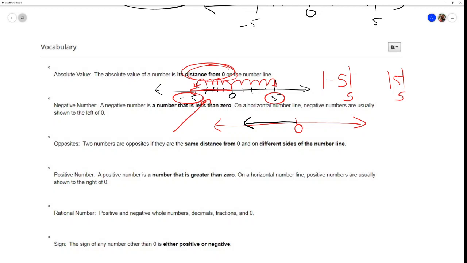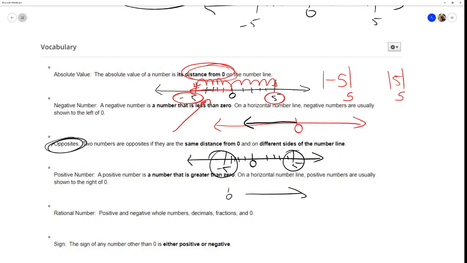Opposites. Two numbers are opposite if they are the same distance from 0 and on different sides of the number line. So we can do it again like we did up top. 0, 1, 2, 3, 4, 5. 1, 2, 3, 4, 5. And this negative 5 and this 5 are opposites. A positive number is a number that is greater than 0. So that's anywhere from the 0 that way.